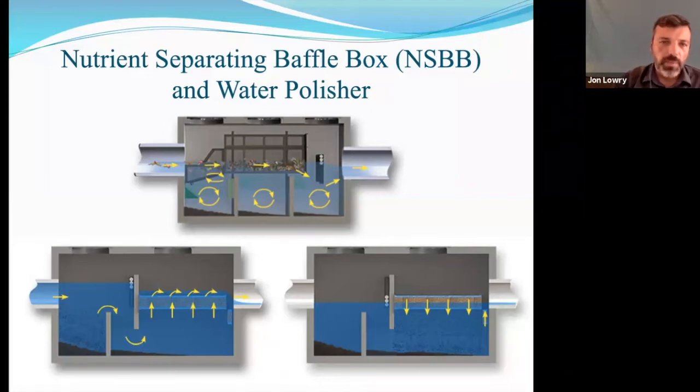And so this one's pretty interesting. It's got a basket that collects floatables, and then it's got a series of chambers and baffles, and the baffles basically create a swirling action so that the most coarse sediments settle out in the first chamber, but as the water and sediments make their way through the baffle systems, the second and third chamber settle out finer and finer sediment.